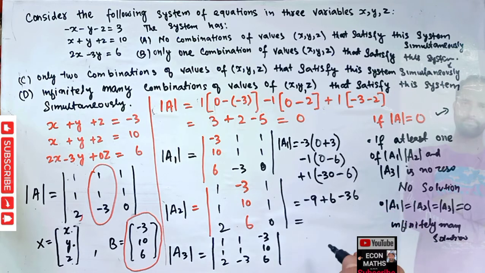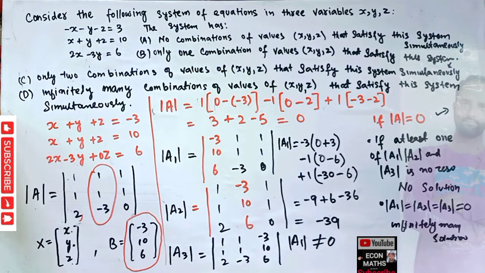Here we can easily see, this is 27, so 36 minus 6, we get -30, so we get here -39. Obviously a1 is not equal to 0.